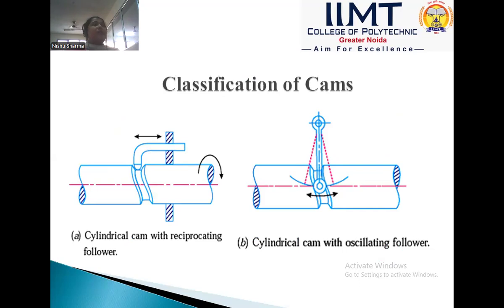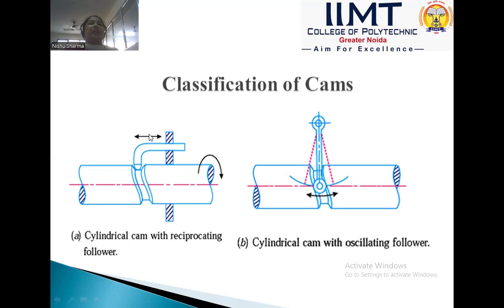The motion of the follower is parallel to the cam axis, because the cam axis is the x-axis and the motion of the follower is also along the x-axis. The motion of the follower is shown by the arrow in this diagram.